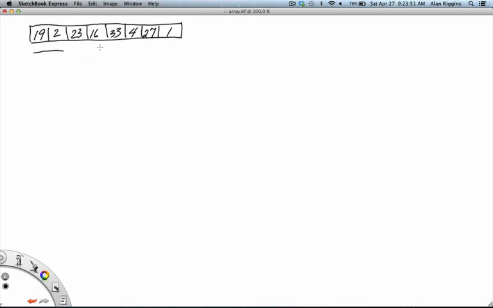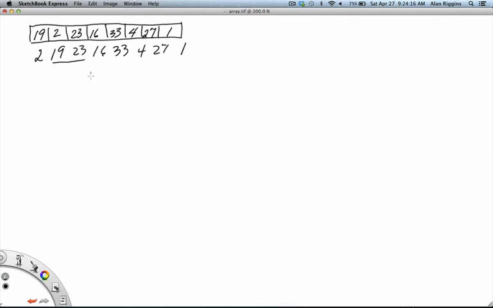Okay, so the first pass, we begin and we compare the 2 and 19, and they're out of whack, so we swap them. So we have 2, 19, 23, 16, 33, 4, 27, and 1. Now we move down to the next pair.